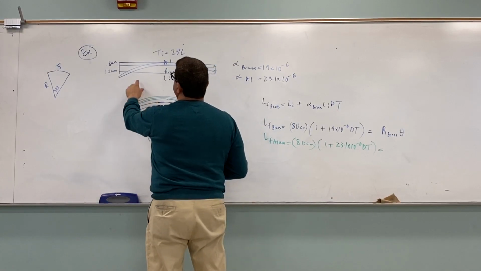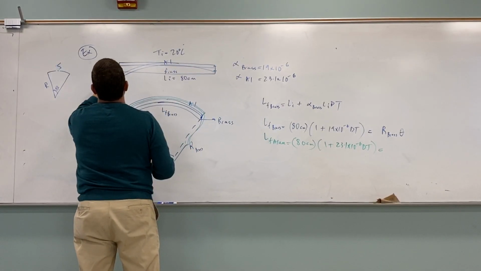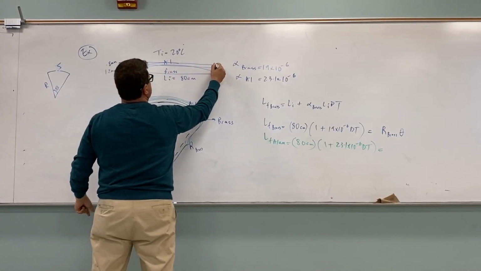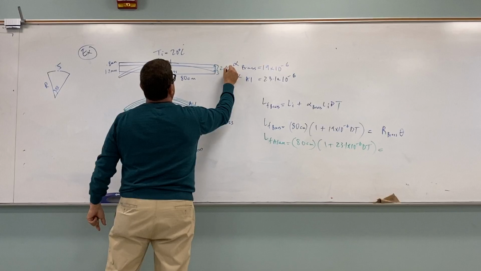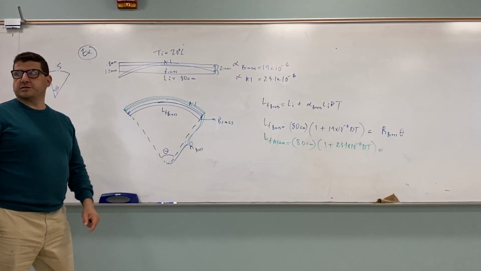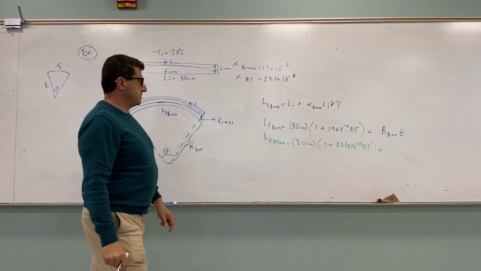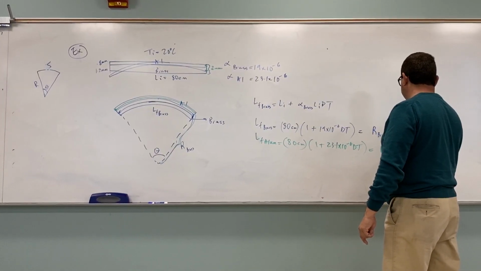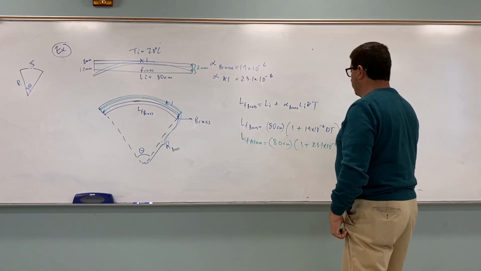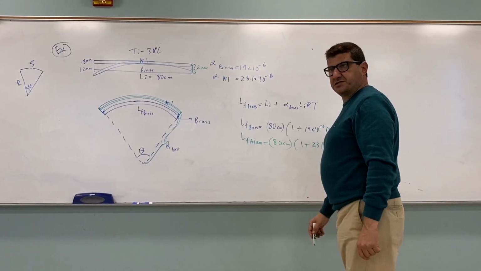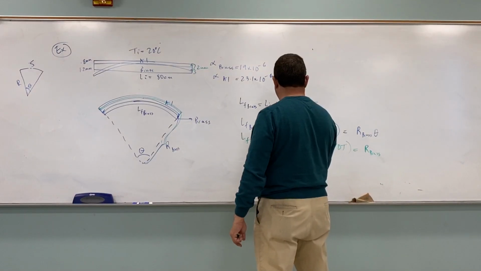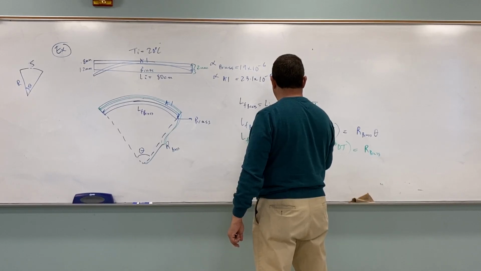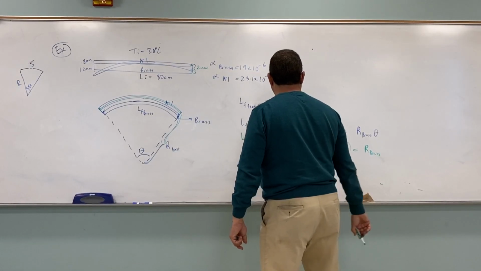Well, if this is the width 1.2 millimeters, the whole thing, and that thing is 0.8, so the whole thing is 2 millimeters. So then it's just gonna be 1 millimeter, right? So that means it's gonna be R brass. Just so that we keep everything in meters, let's just change this to meters. 0.8 meters, 0.8 meters, right?